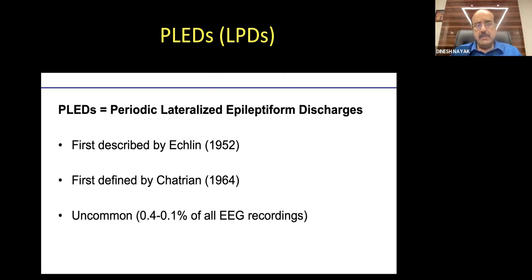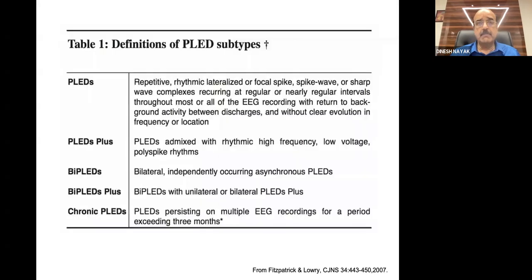If you take all the EEG recordings, both outpatient as well as inpatient, it forms about 0.1% of all EEG recordings. So it's not that common overall, but in the ICU, it is fairly common, forming a fairly significant number.